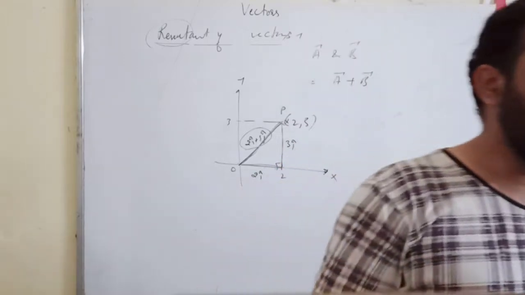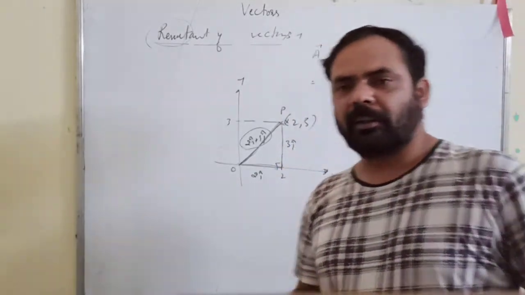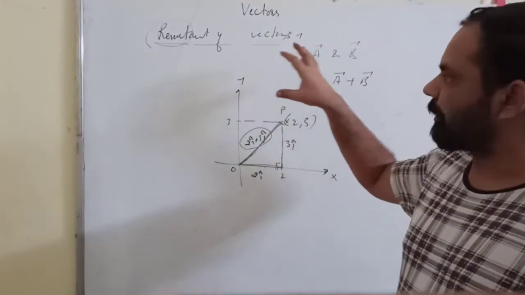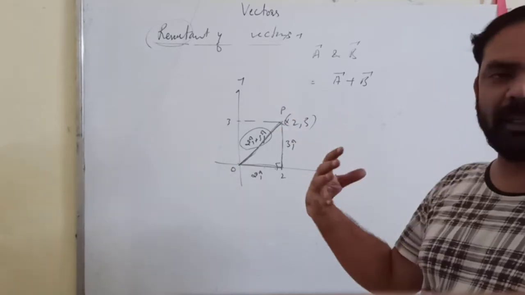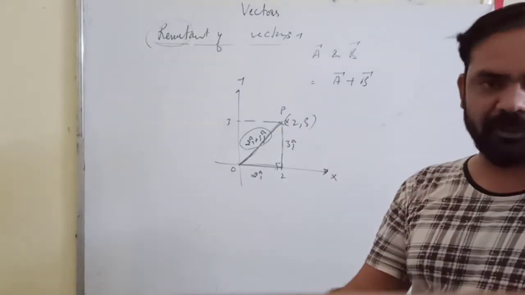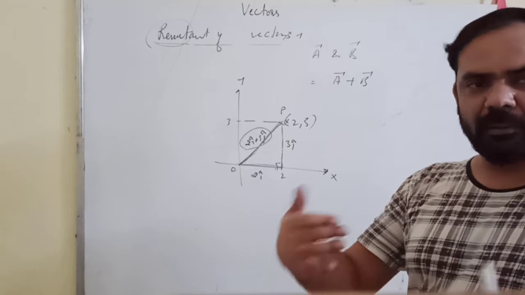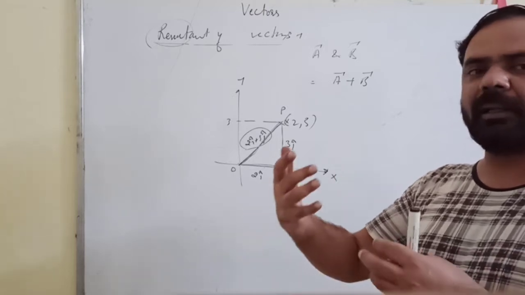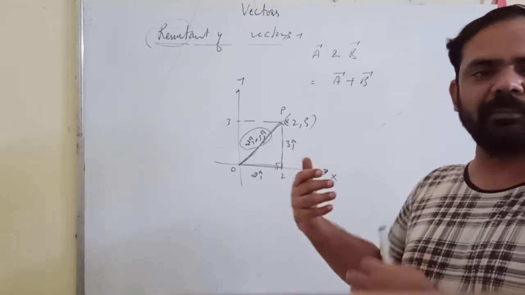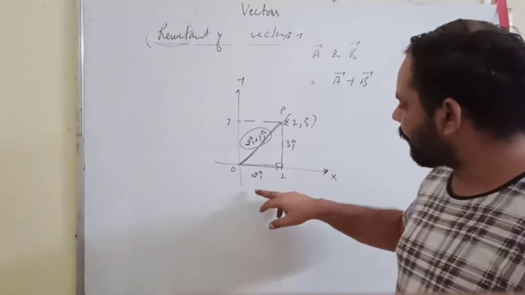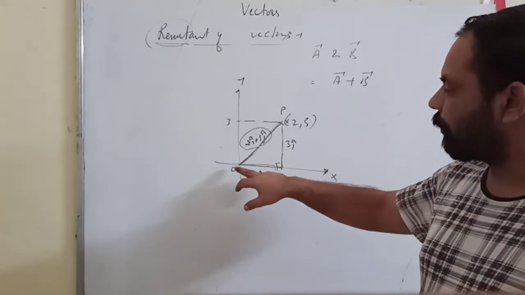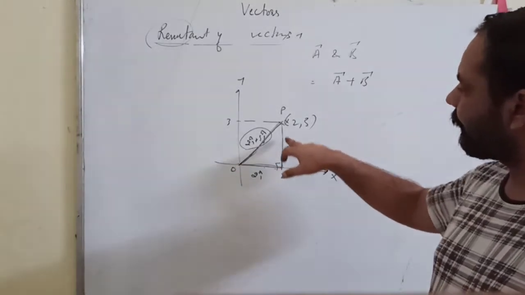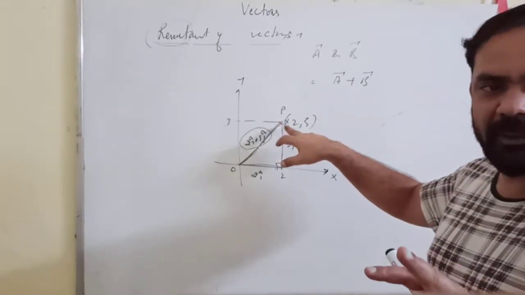In simple words, how do we define resultant vector? Resultant vector is a vector that will produce the same effect as the individual vectors would have produced. These are your individual vectors. If you move like this, 2 I cap plus 3 j cap, what is the effect of these two?